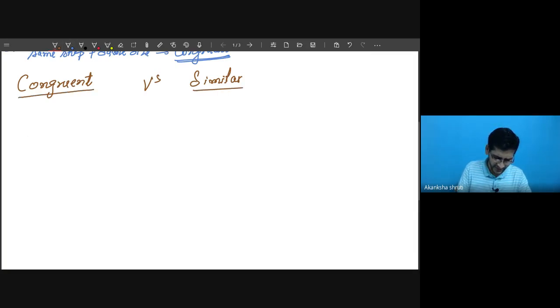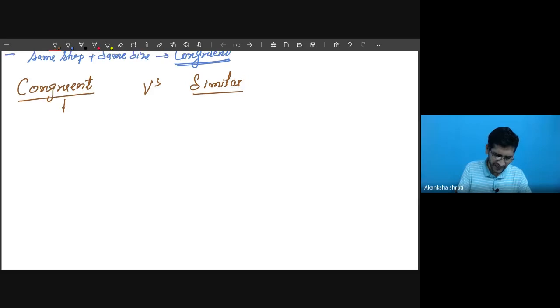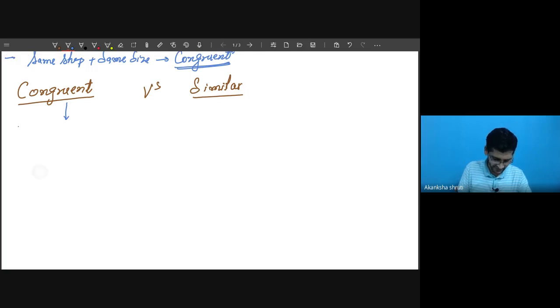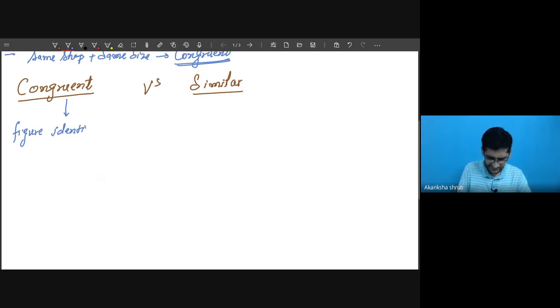Students, congruent simply means the plane figures which are identical to each other. Then they are congruent. So this is what identical means. It is exactly the same.